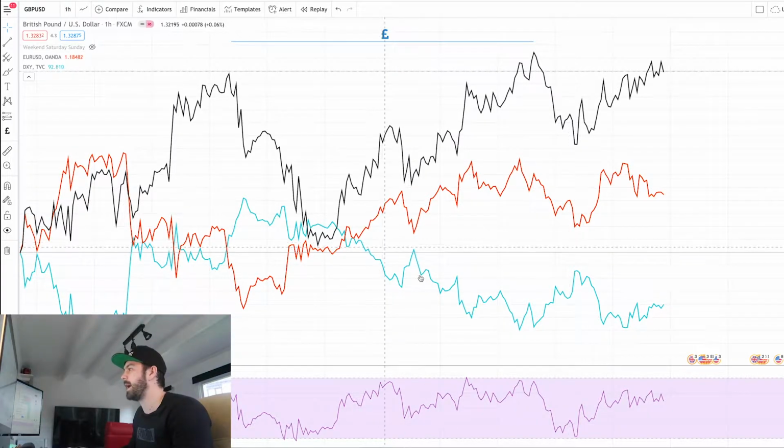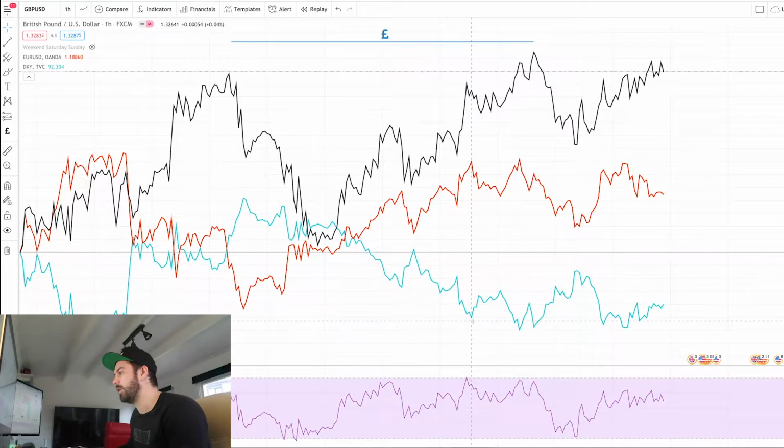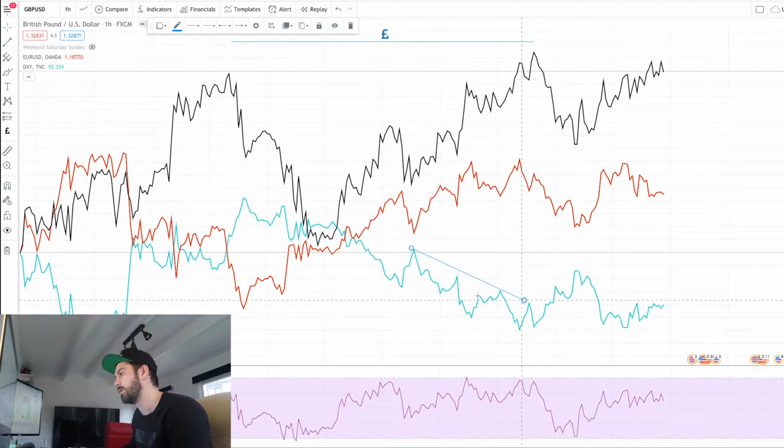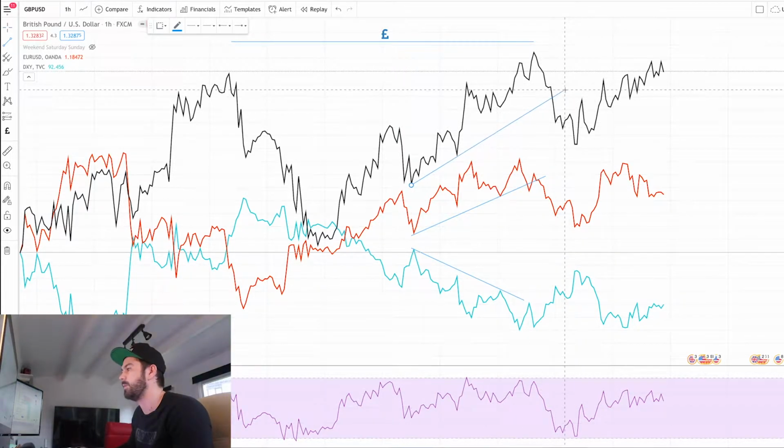So we've got GU in black, EU in red, and the dollar index in blue. As we can see here, we have lower lows, lower highs on the dollar index. And then we have higher highs, higher lows on EU, and the same with GU, okay?